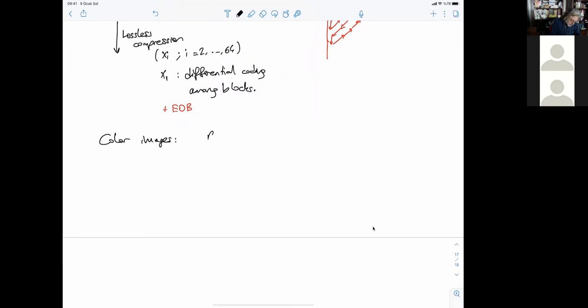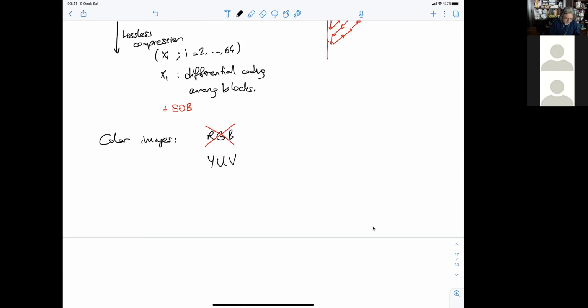So we don't really apply JPEG on red, green, and blue channels. Instead, we convert most of the things into, let's say, LAB or YUV channels.